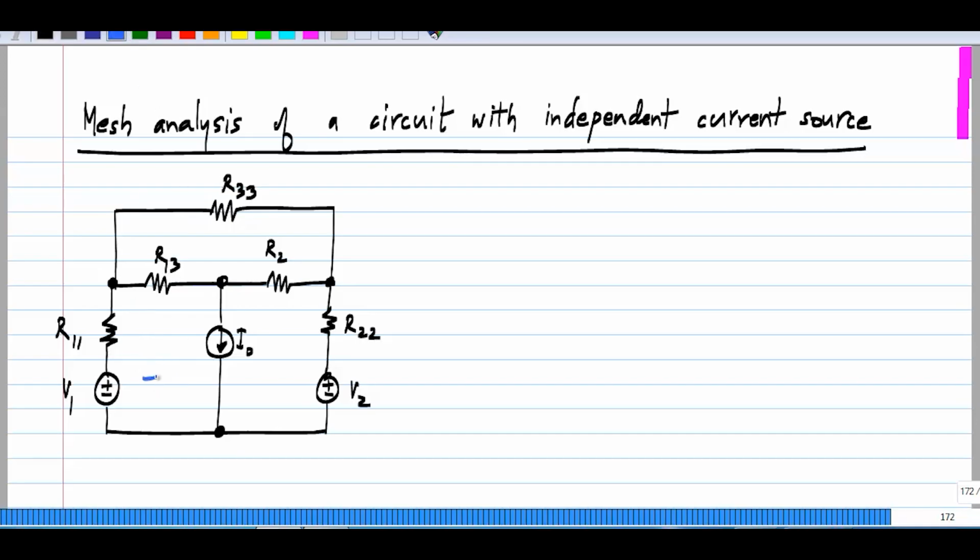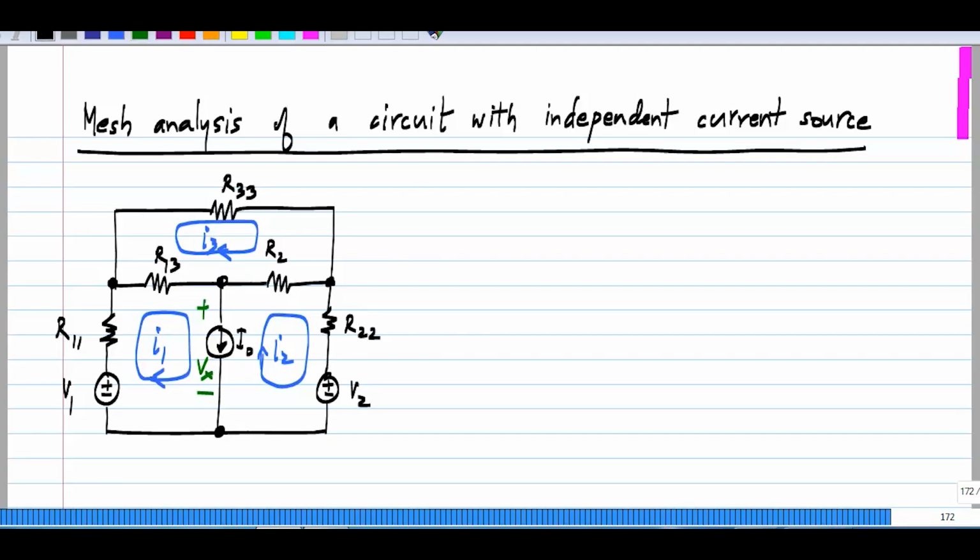So let me take the three meshes the same as before with mesh currents I1, I2 and I3. And the voltage across the current source, let me label that Vx.